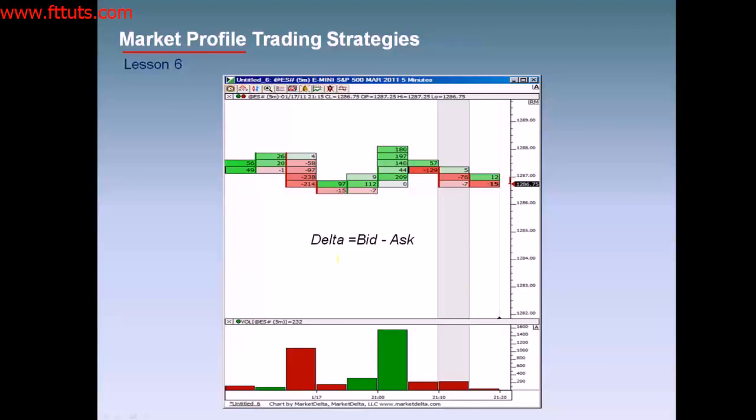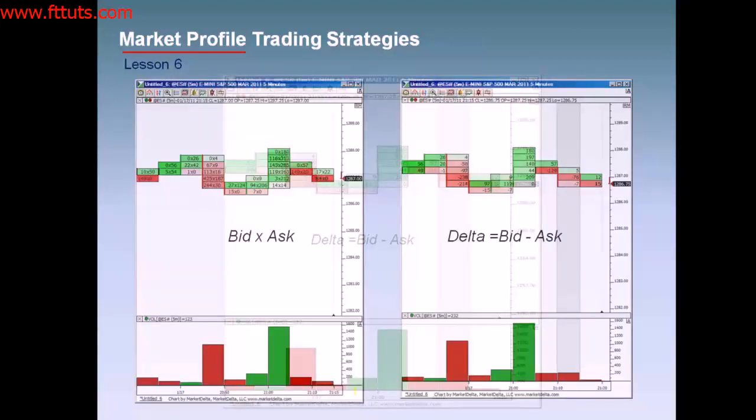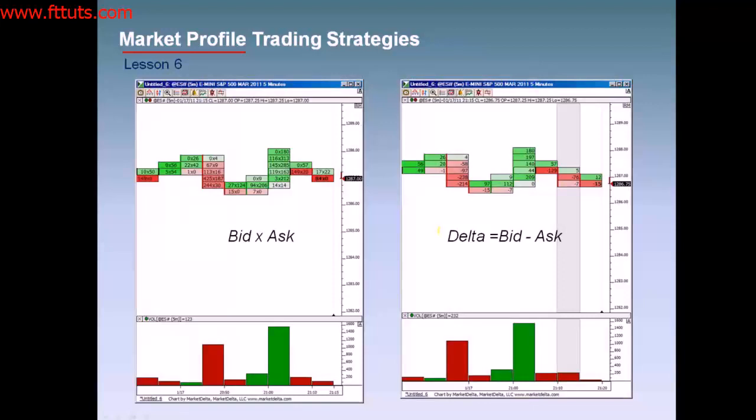So the next thing you need to be familiar with is the concept of the delta and how we calculate it. A delta is nothing more than the difference between the number of contracts at bid and the number of contracts at the ask. If we take a look at these two charts, they're really two charts of the same exact picture, shown in a different manner.